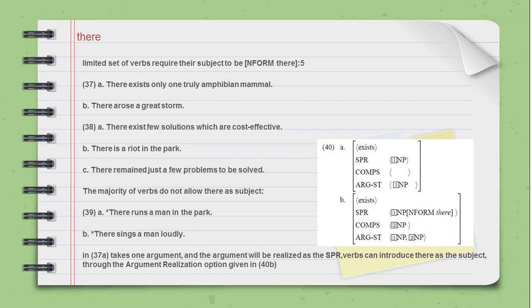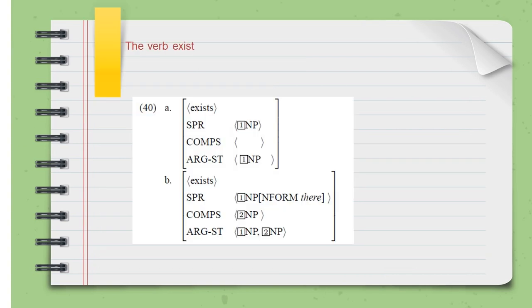In addition, such a verb can introduce there as the subject through the argument realization option given in 40b, which is the form that occurs in the structure of 37. And for the 40, you can see in this picture.